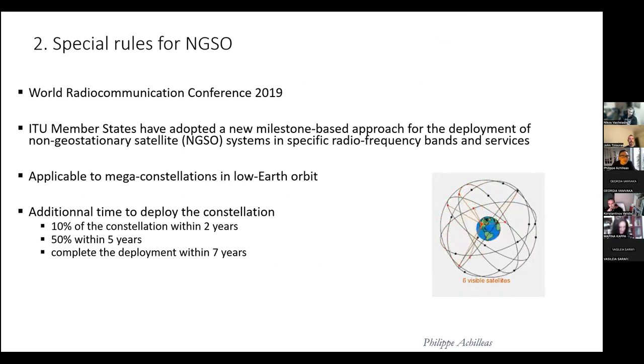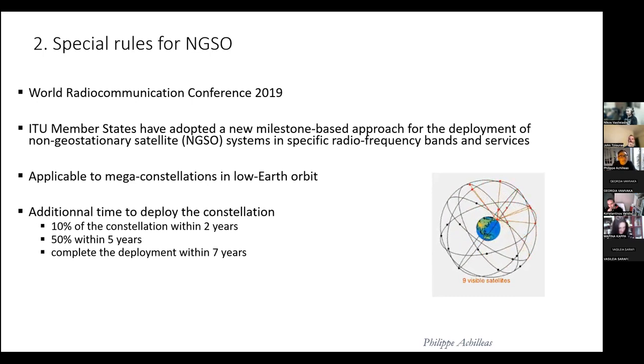That is to say that the satellite operators have to start the deployment of a satellite of the constellation within 7 years.